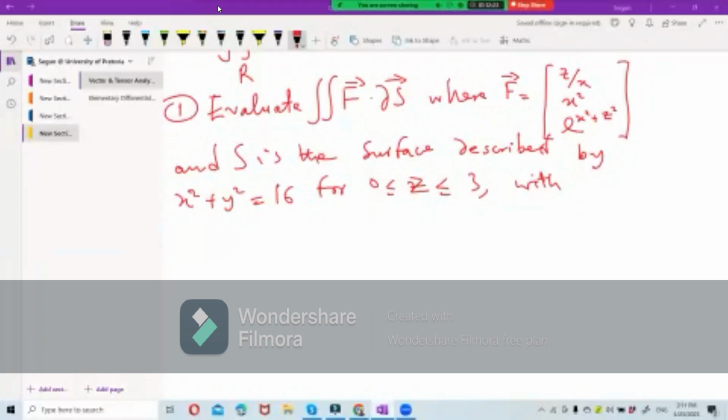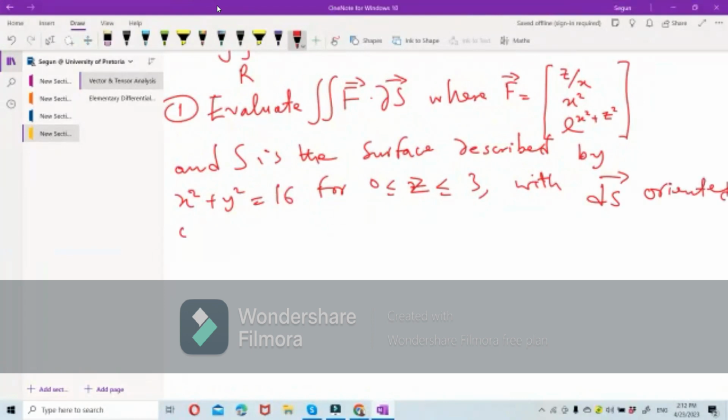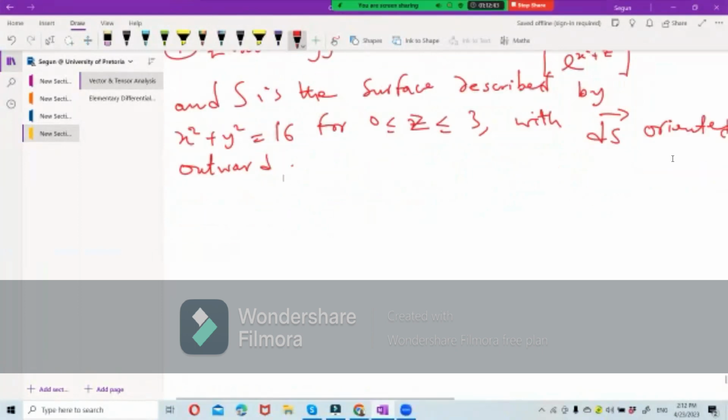With dS oriented outward. Don't forget the explanation that I gave. Oriented outward. Always remember this.